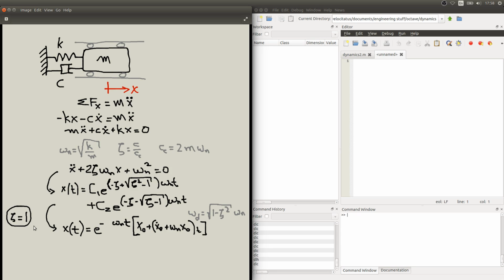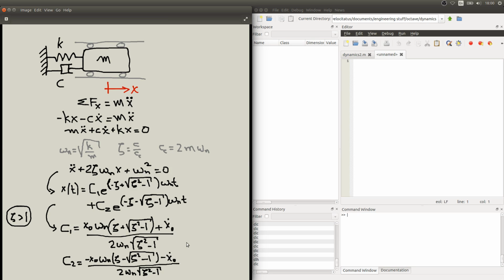The second case happens when we have zeta equals 1, and that gives us the critically damped response for our system. And when we consider zeta equaling 1 in our equation, we'll find the constants c1 and c2 such that our equation looks like this. And the third case happens when zeta is greater than 1, and that gives us our overdamped response for our system.